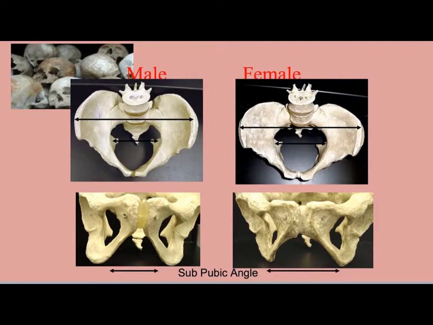But the easiest way to differentiate the male from the female is to look at that pubic arch, which is right here. Now, when the pubic arch is less than 90 degrees, this indicates a male. When this pubic arch is greater than 90 degrees, this indicates a female. And that's the easiest way to differentiate a male pelvis from a female pelvis.